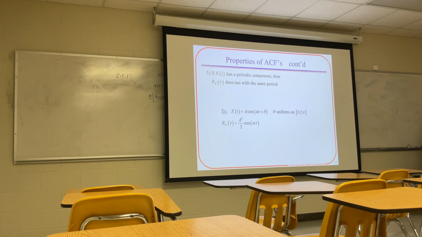So eventually I get cosine of a plus b, where a would be the argument omega t plus theta, and b would be omega tau. Does that make sense? Cosine of a plus b is cosine a cosine b minus sine a sine b. You're going to use that proof all the time.